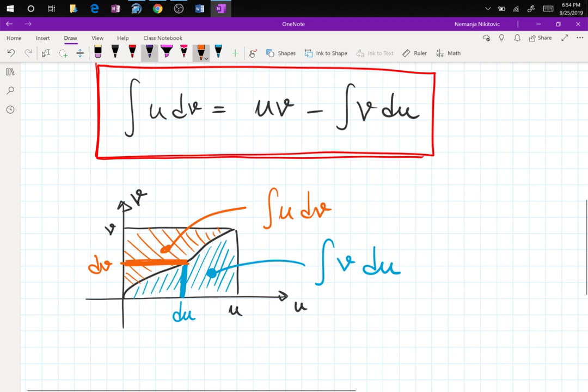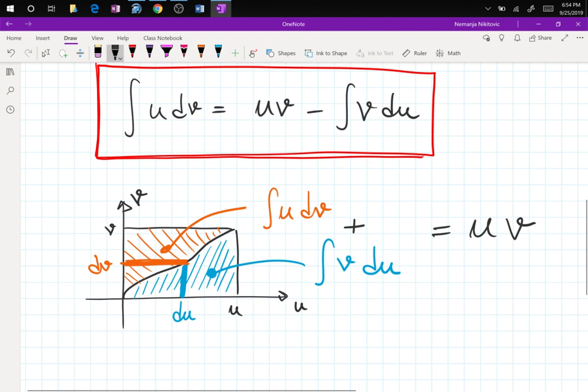And now, if you add these two, you will get uv, because you can see that by adding orange and blue, you get the rectangle, which is u times v. So you can rearrange that.